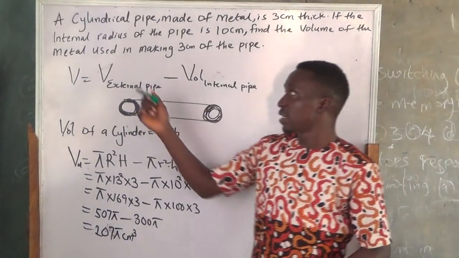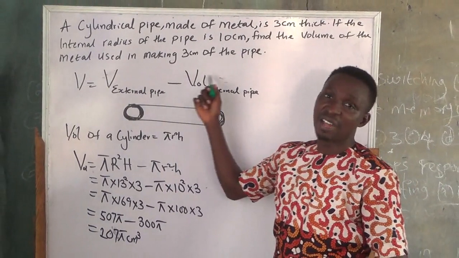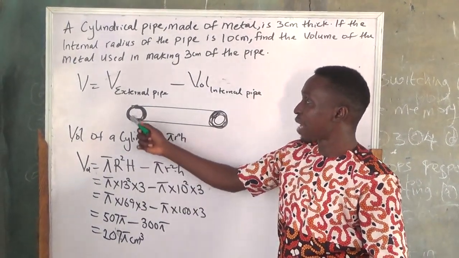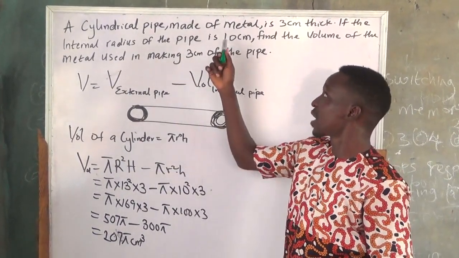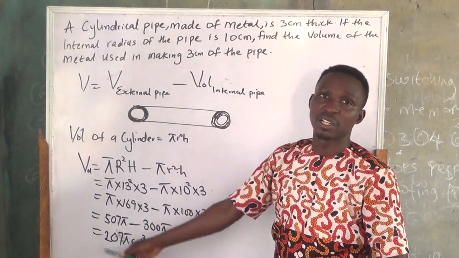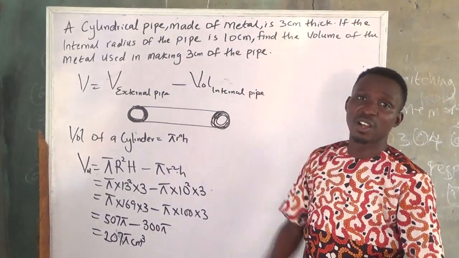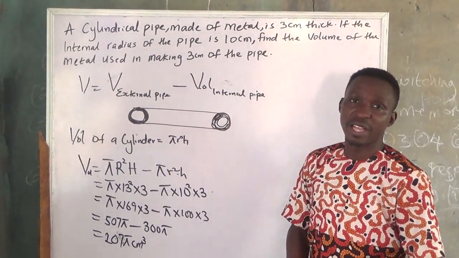Don't forget, because of the thickness, that's why we have external and internal. And the reason why this one is 13 is because they told us that the pipe is 3 centimeter thick, and if the internal radius is 10 centimeter, definitely the external radius will be 10 plus 3 centimeter, which is the thickness of the pipe. So I believe this is self-explanatory.